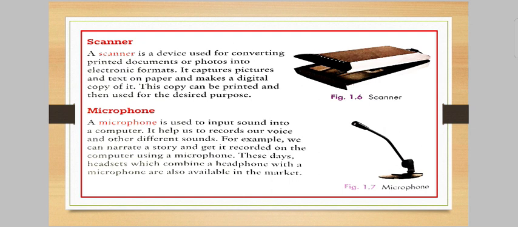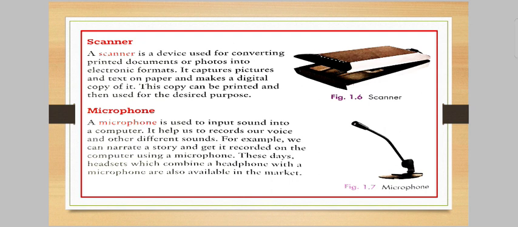Next is microphone. Microphone is also an input device, and it is used to record our voice or sound. A microphone is used to input sound into a computer. It helps us record our voice or different types of sound. For example, we can narrate a story and get it recorded on the computer using the microphone.